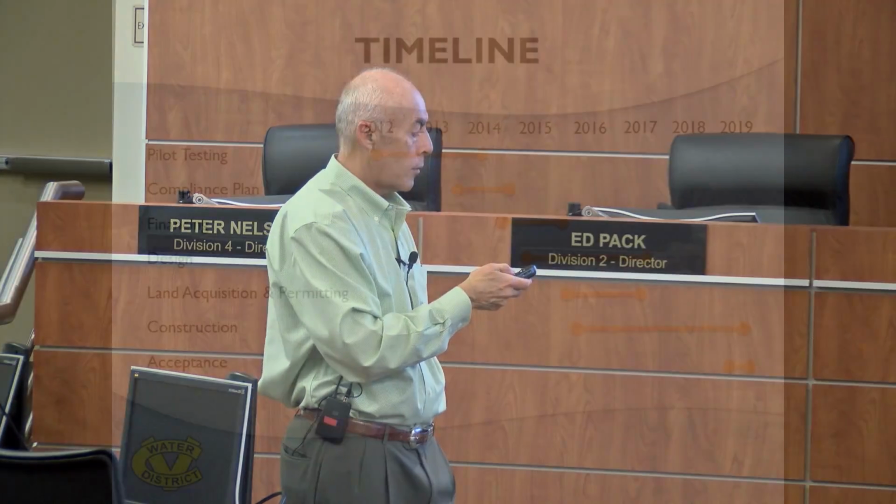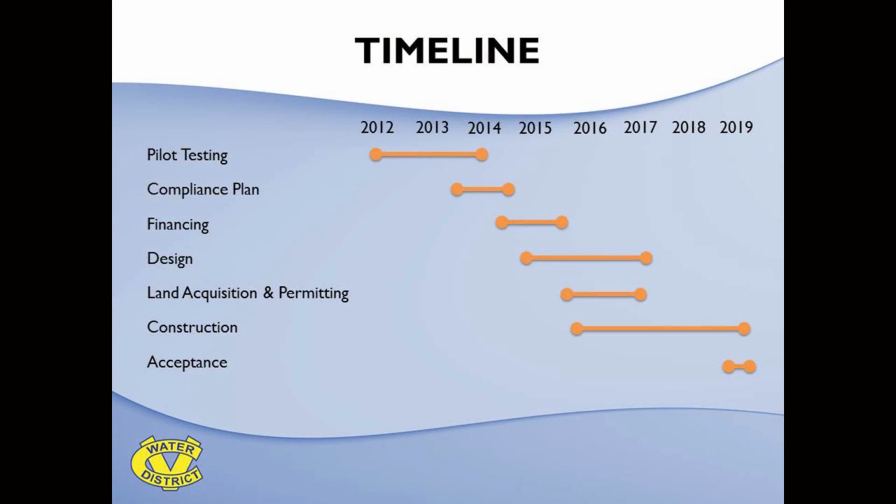So here's the timeline for dealing with all this. We talked about the pilot testing being pretty much completed. We're just about ready to submit our compliance plan to our board. We want to get your input, the public's input, before we do that.